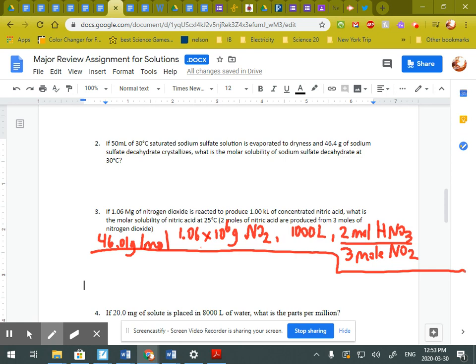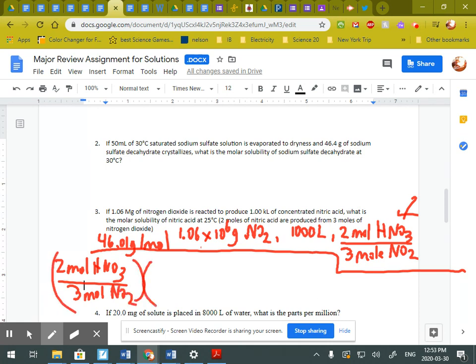We need to get moles of nitric acid and liters of nitric acid, right? Molar solubility is concentration, moles per liter. So we're going to start with this little ratio because it's got the moles in it. We're going to go 2 mole nitric acid over 3 mole nitrogen dioxide.